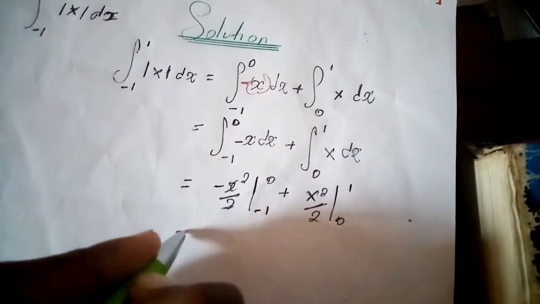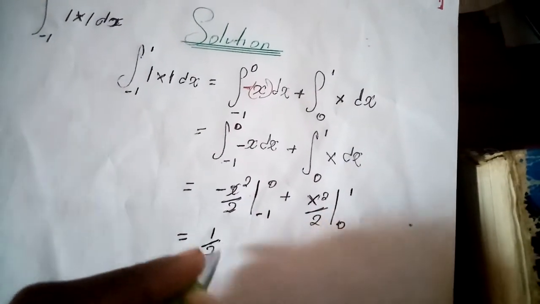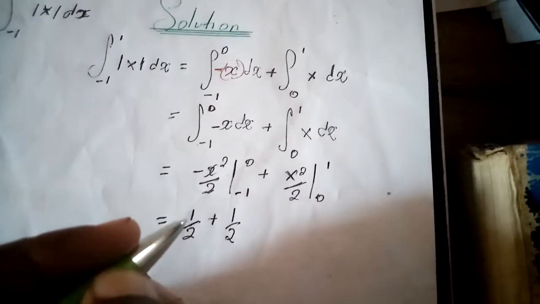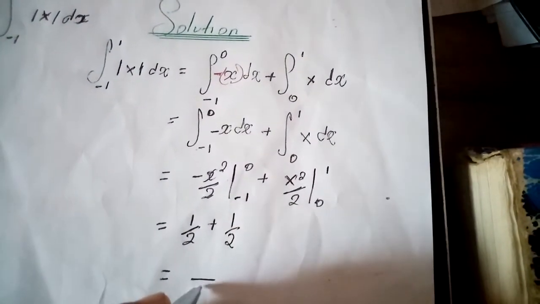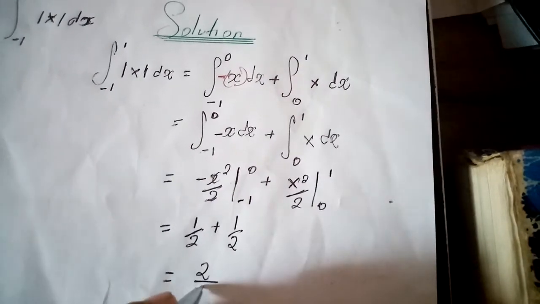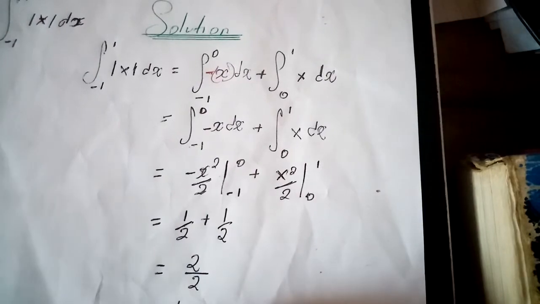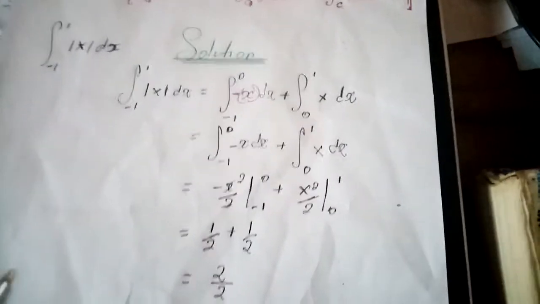So substituting there, we'll have half plus half, which is the same as 2 over 2, which is 1. So our final answer is 1.